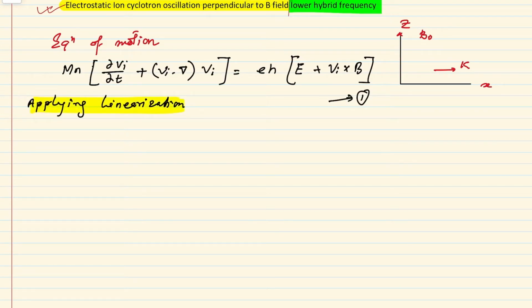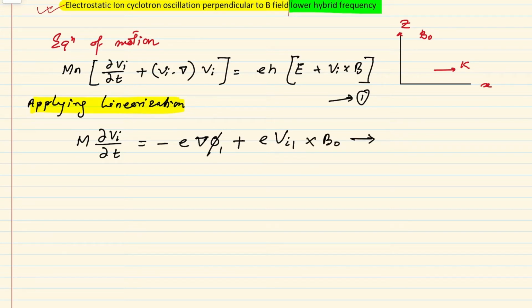After application of linearization, we get M del vi1 by del t is equal to minus e del phi 1 plus e vi1 cross B naught.